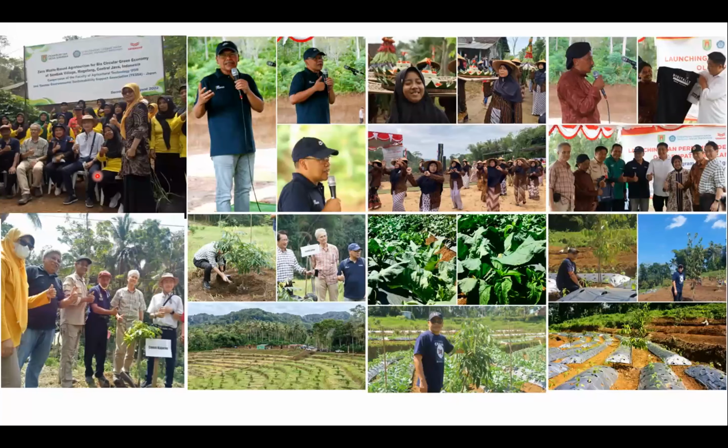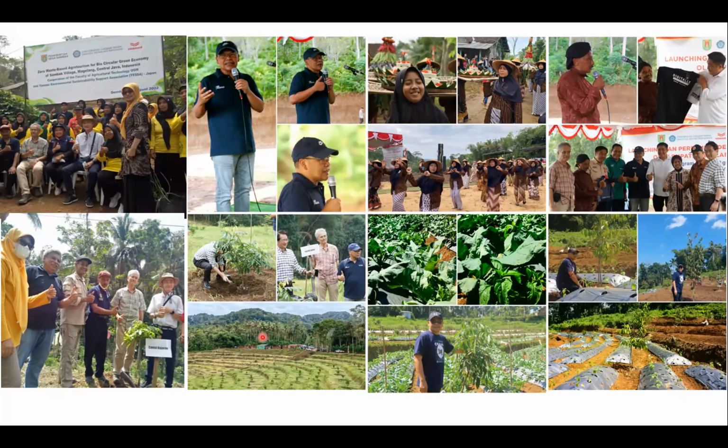There's also an example where we collaborate with our colleagues in Japan, Yanmar, to develop an area of integrated agrotourism. Not only vegetables, but also fruit, durians, and also the forest area.